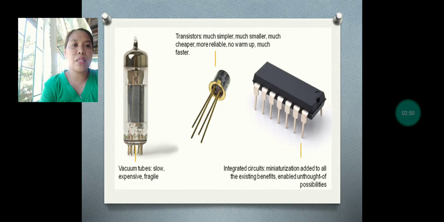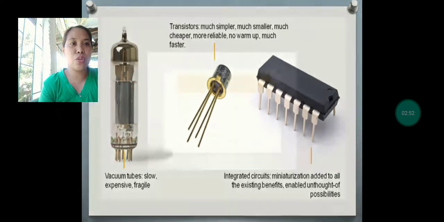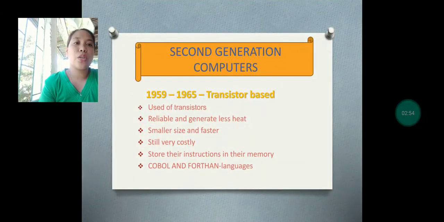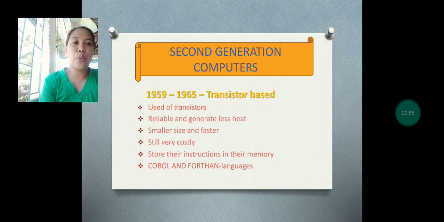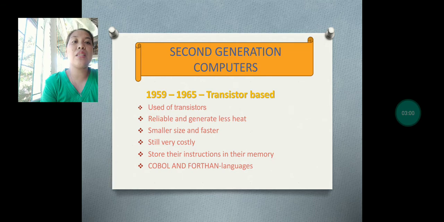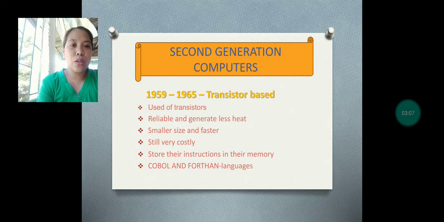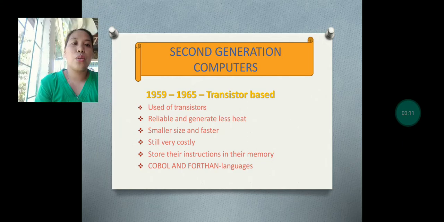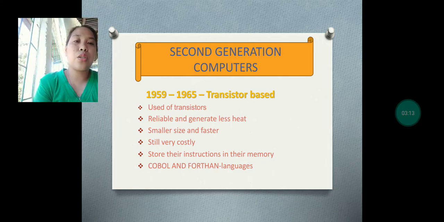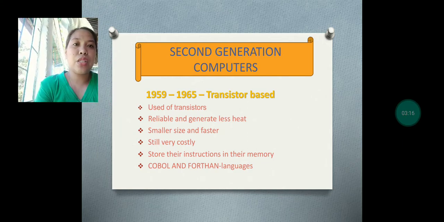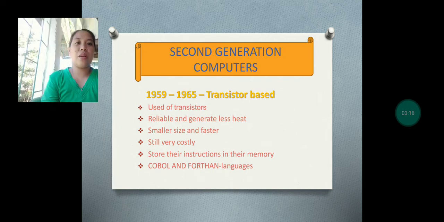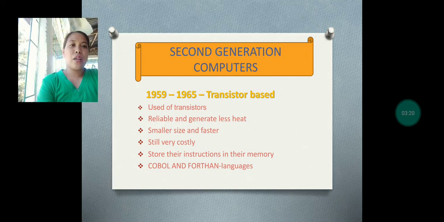The second generation computers were developed between the years 1959 to 1965, and they are transistor based. The following are also the characteristics of the second generation computer. Use of transistors, which replaced the vacuum tube.